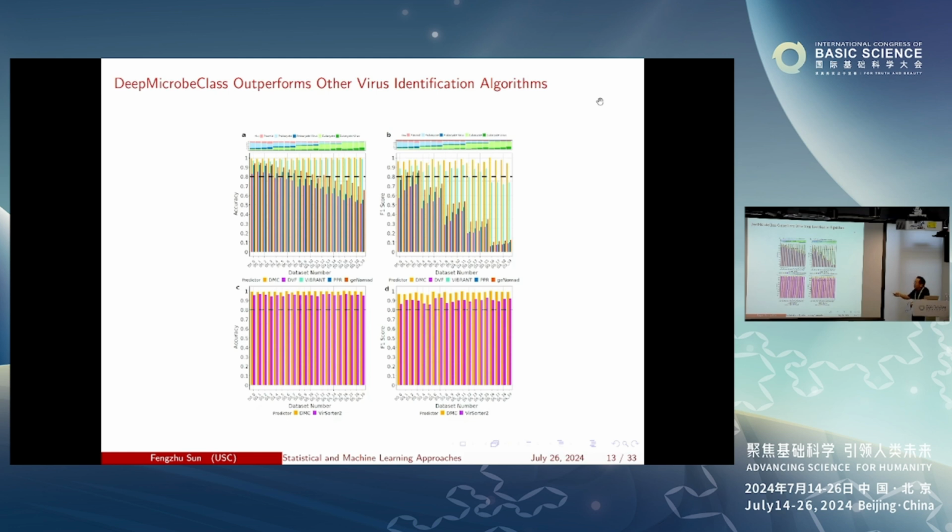We have 20 different scenarios. I'm not going to give you the details of these 20, just to show you it's quite complete. The reason for doing this simulation is that in real data, you don't know what the combination of the different microbes is.